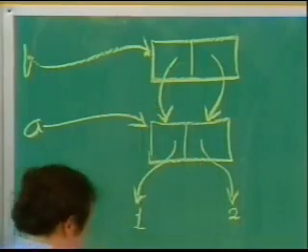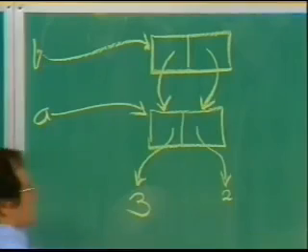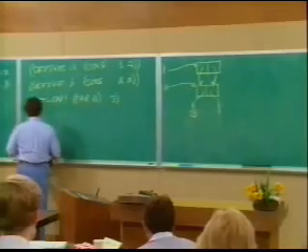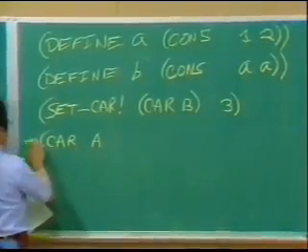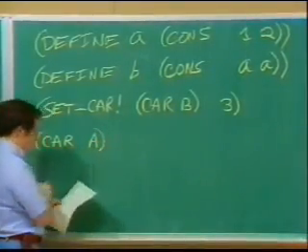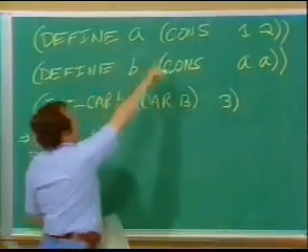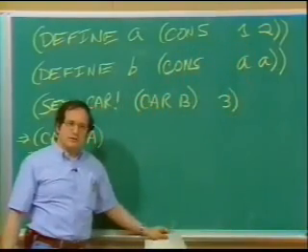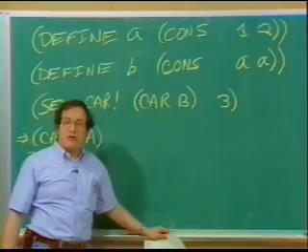I set the car of that to be 3, changing this. I've changed A. If I were to ask, what's the car of A now, I would get out 3, even though here we see that A was the cons of 1 and 2. I caused A to change by changing B. There is sharing here.